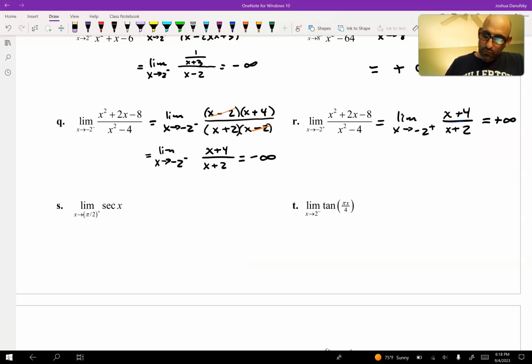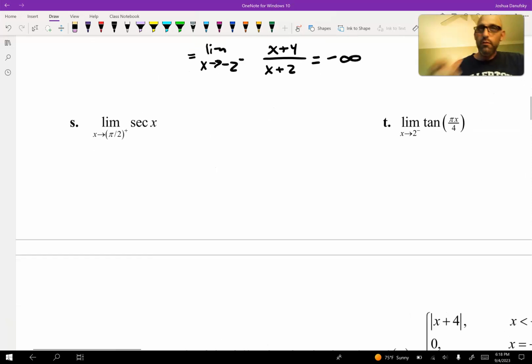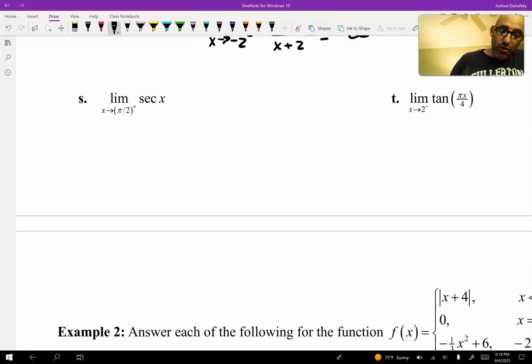So now we're going to look at some trig functions. Now, it's helpful to know what the graphs of your trig functions are here. Another way to do it, for example, with secant, is to think about cosine. It's reciprocal. So you could choose to do it this way. The limit as x approaches pi over 2 from the right of 1 over cosine x.